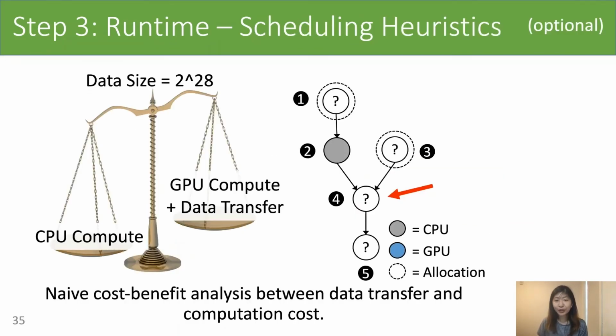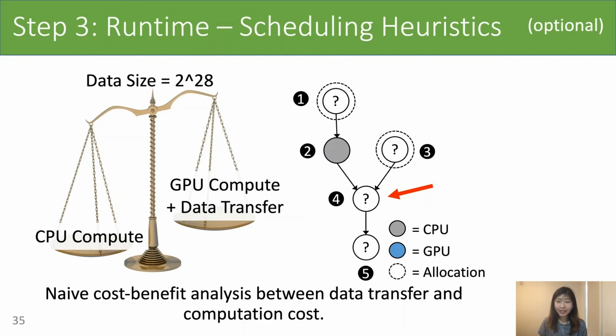To improve on the naive scheduling algorithm, we introduced a way for the scheduler to make slightly more informed decisions based on some heuristics. So say the runtime is trying to assign node 4 to a device. It'll do a cost-benefit analysis of either executing the function directly on the CPU or transferring its inputs derived from node 2 to the GPU and then doing the computation on the GPU.